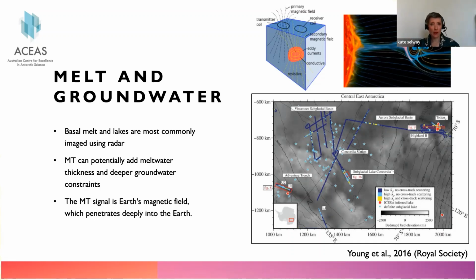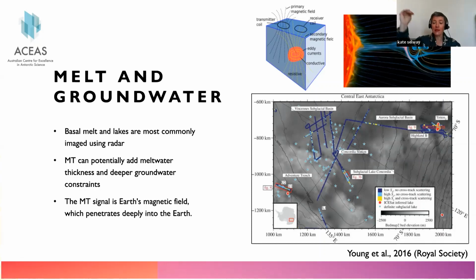You might be familiar with some other electromagnetic techniques. There's a lot of airborne EM that has good resolution over shallower depths, but can't see down to as great depths as MT can. So if you're on some ice that's a few kilometers thick, even radar might be struggling to get through to see that meltwater at the base of the ice.